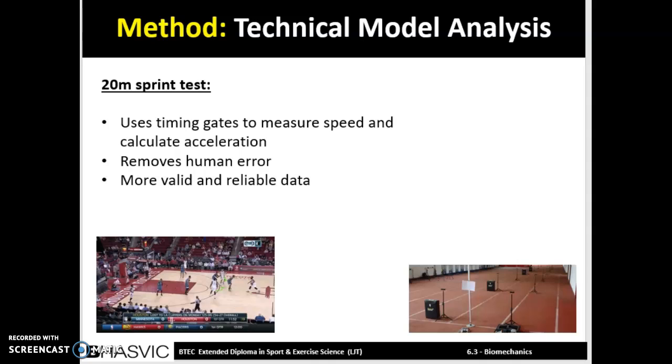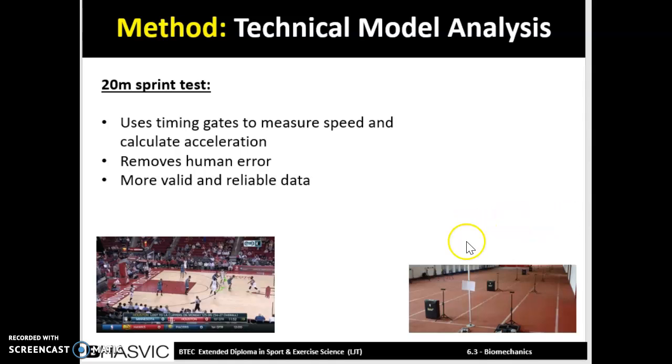Secondly, to measure speed and acceleration, we use a 20-meter sprint test. And also an ideal method of this would be using timing gates to measure speed, and then from the speed be able to calculate acceleration using the change in speed over time formula.